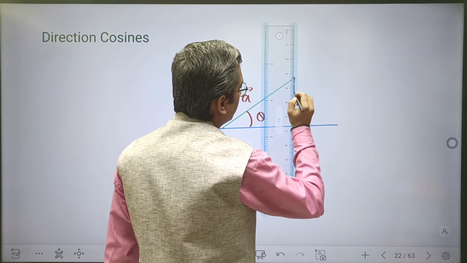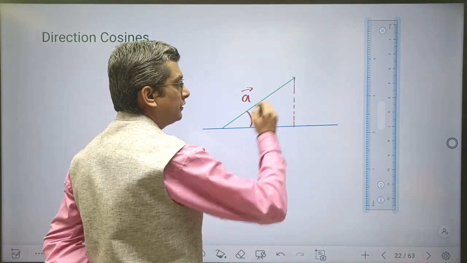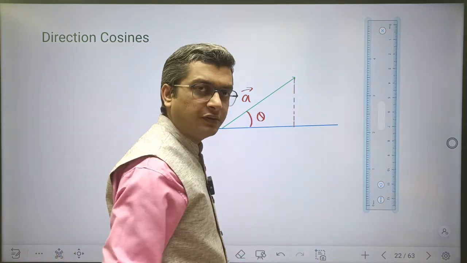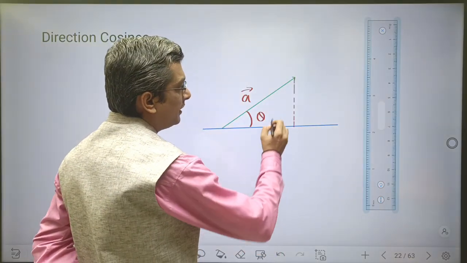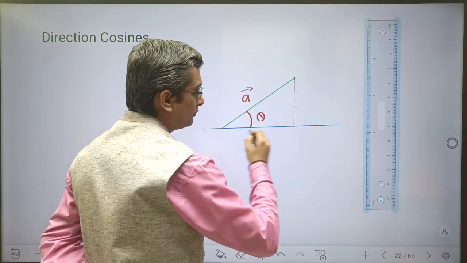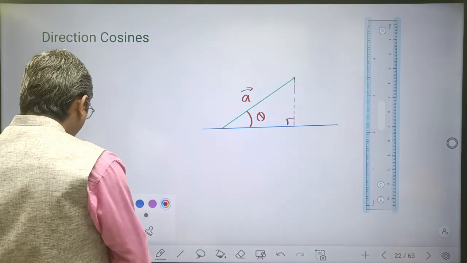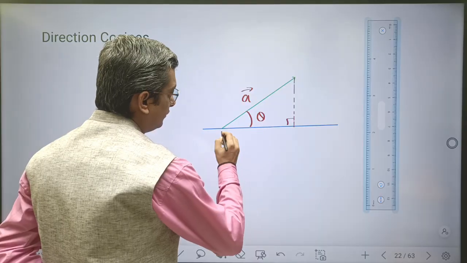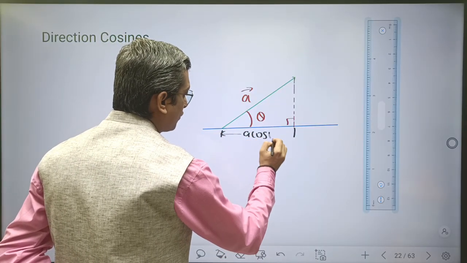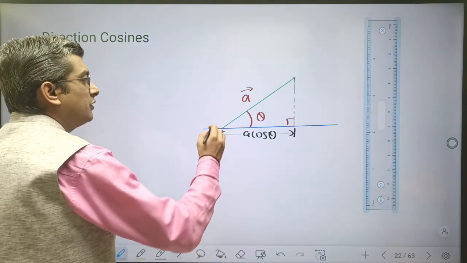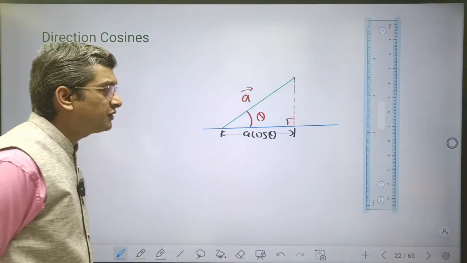This angle is 90 degrees, and it is very simple. From here to here, this is nothing but A cos theta. So A cos theta is the component of vector A along this line, isn't it?